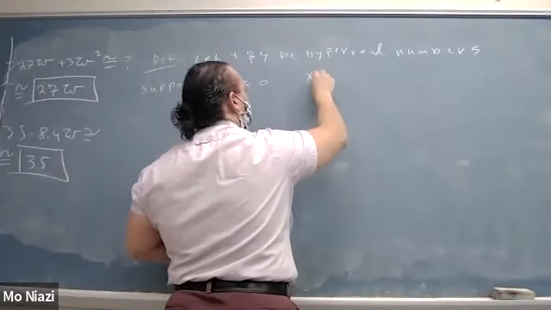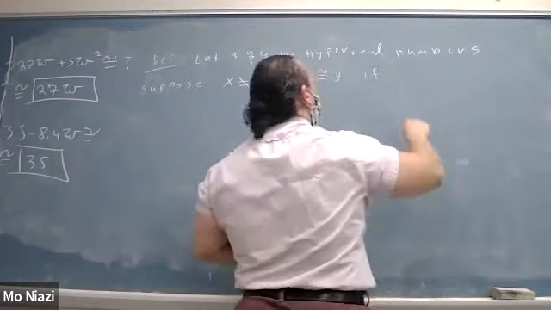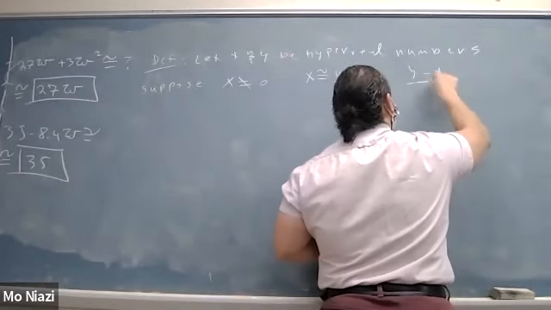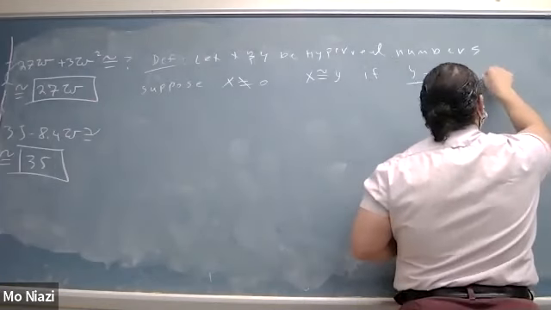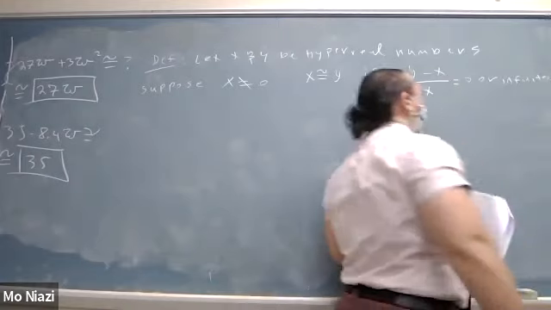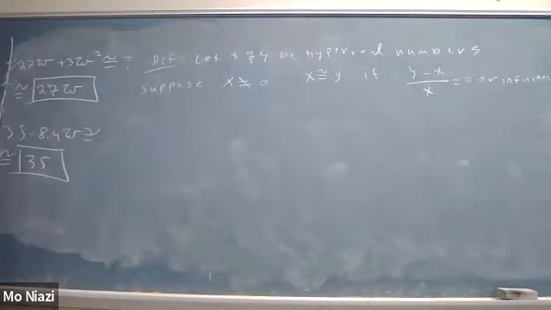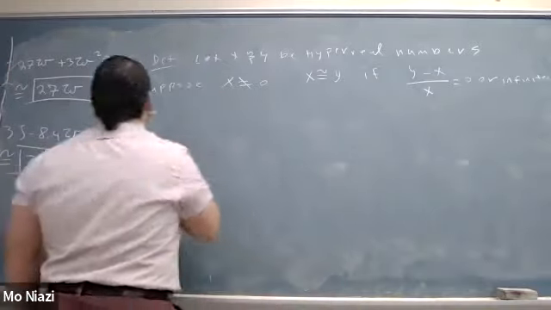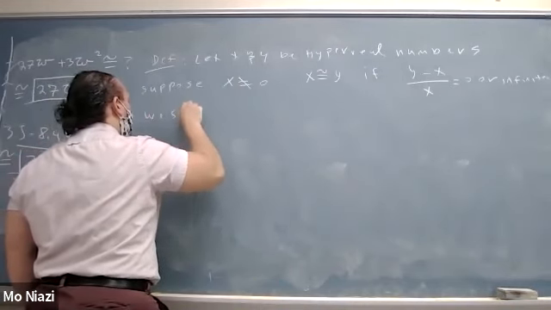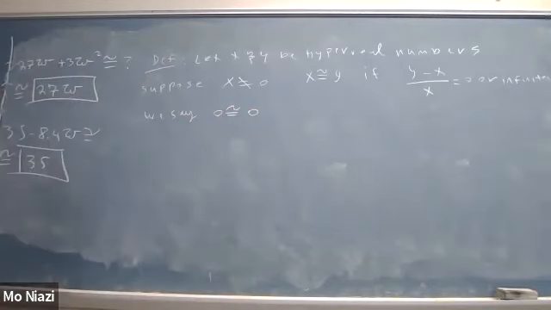We say x is approximately y if (y minus x) over x is equal to 0 or infinitesimal. We also say 0 is approximately 0, and 0 is the only number that is approximately 0.